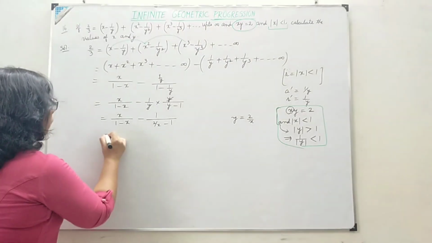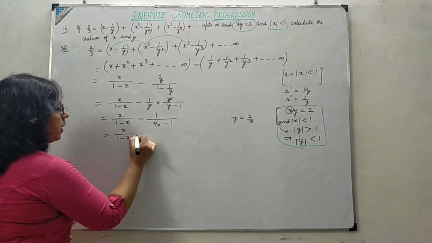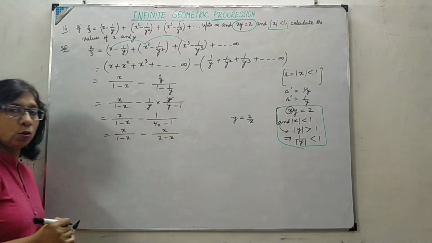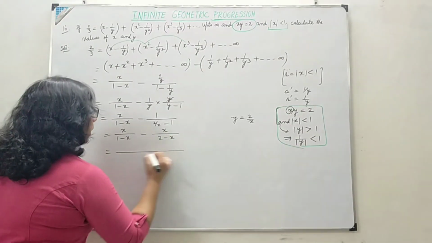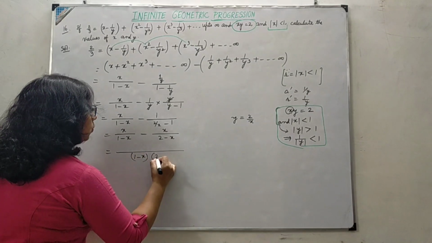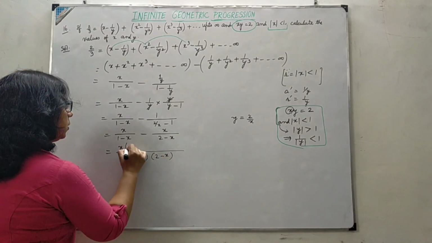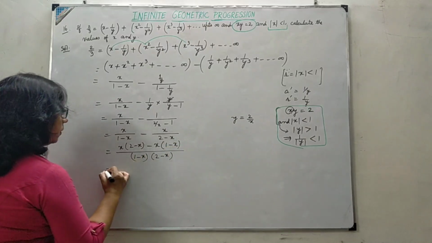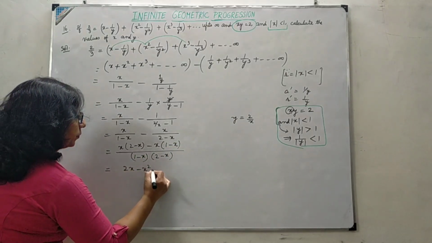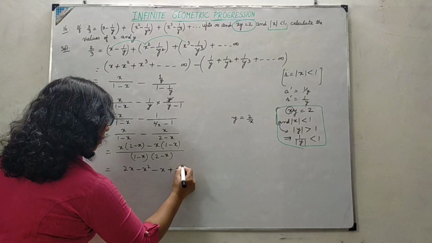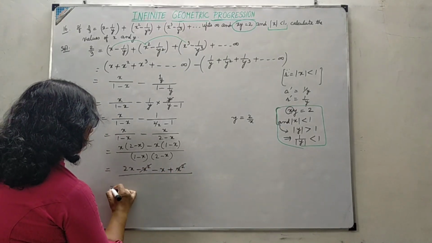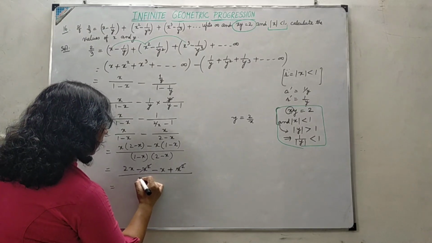Now we have x upon 1 minus x minus, again taking LCM, x upon 2 minus x. Taking LCM here, 1 minus x into 2 minus x, this is x into 2 minus x into 1 minus x. Simplifying, this gets cancelled. So we are left with x upon 1 minus x, again I will simplify.